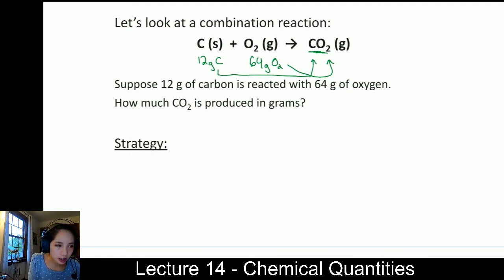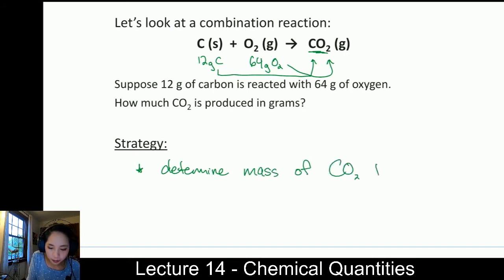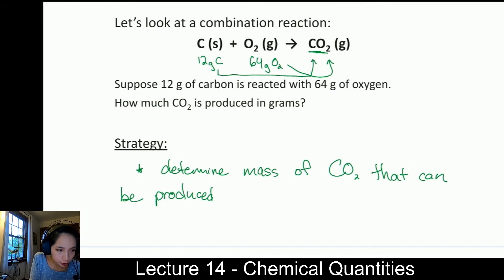So my strategy here is to determine the mass of CO2 that can be produced by each reactant. And then you just pick whatever is the smallest number.